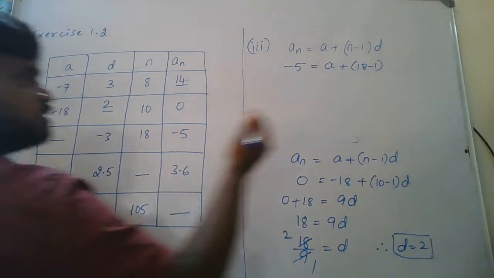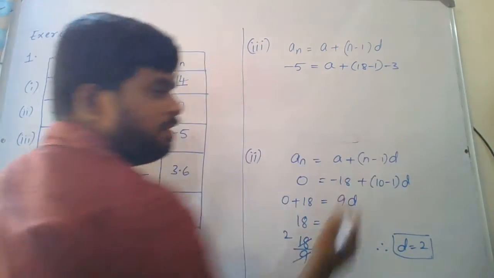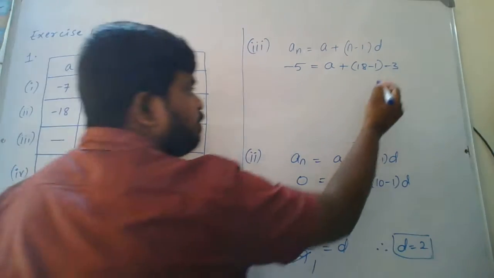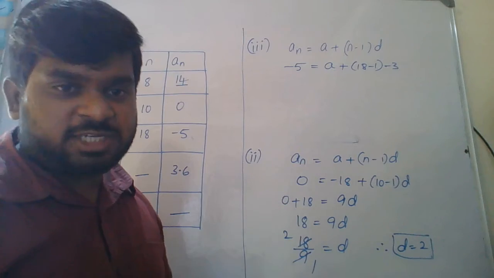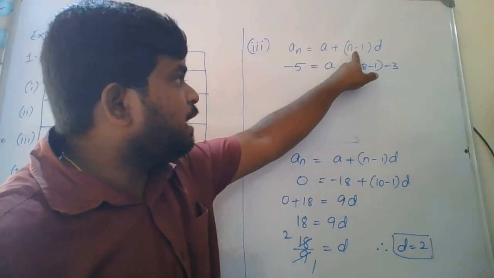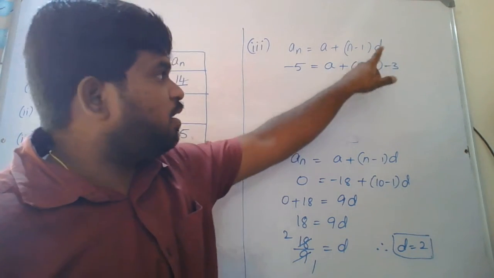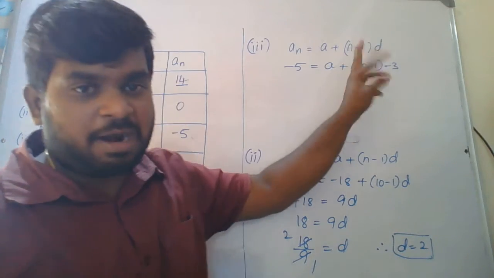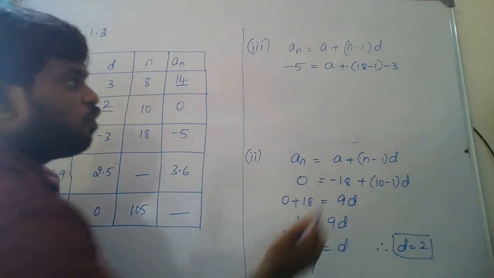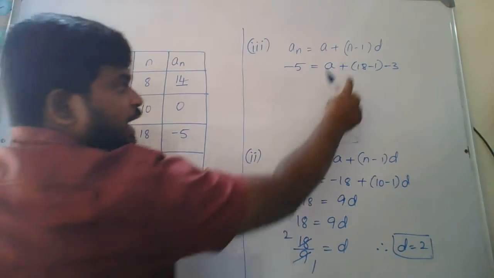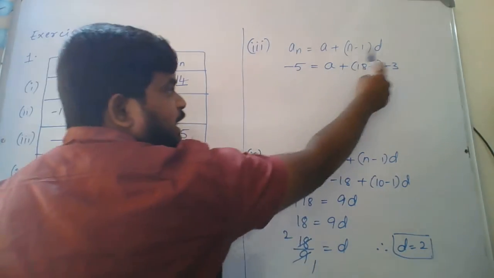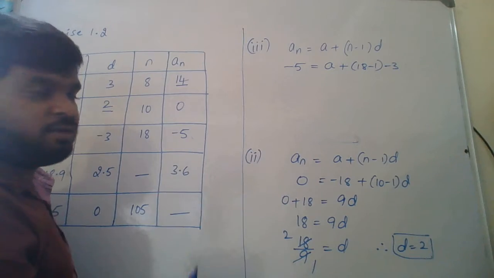The D value is -3. Whenever the D value is negative, make sure you put a bracket. Otherwise the meaning changes, because here (N minus 1) and D are multiplied. If you don't put a bracket, it seems as if you are subtracting. 18 minus 1 is what? 17. 17 minus 3 will give a different meaning, isn't it?